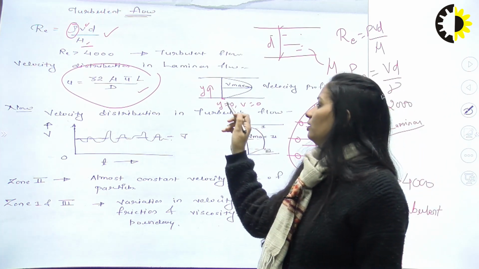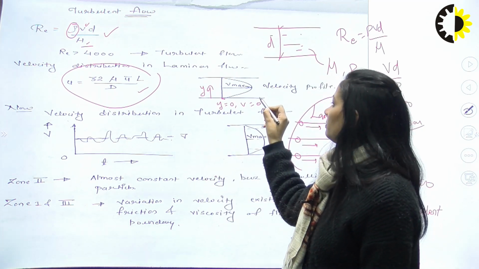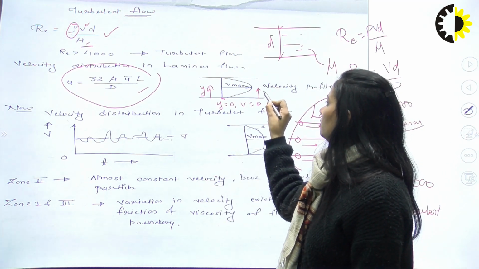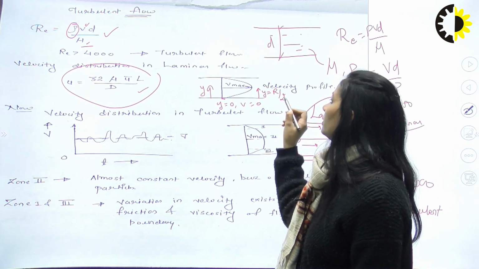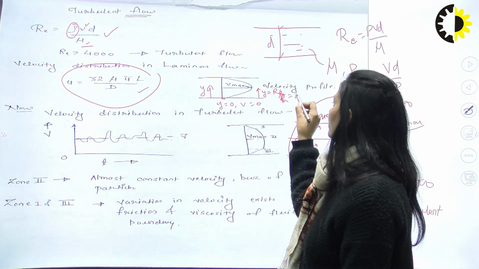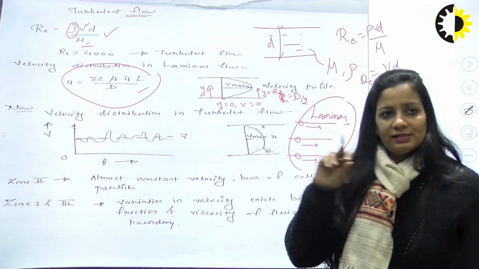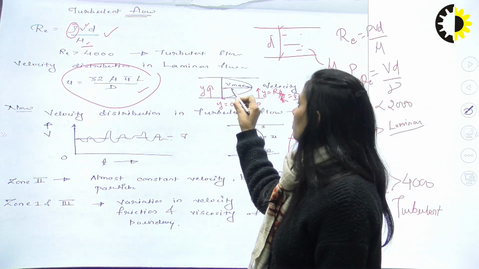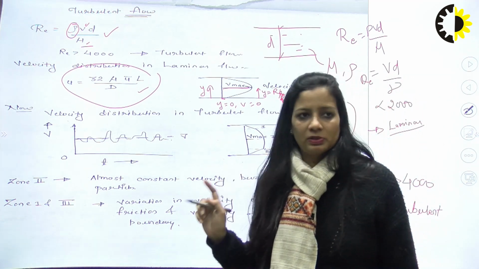And whenever you go to the center of the pipeline, this y will be equal to r, or you can say d by 2. So at the center of the pipe, the velocity of flow will be maximum, equal to v max.